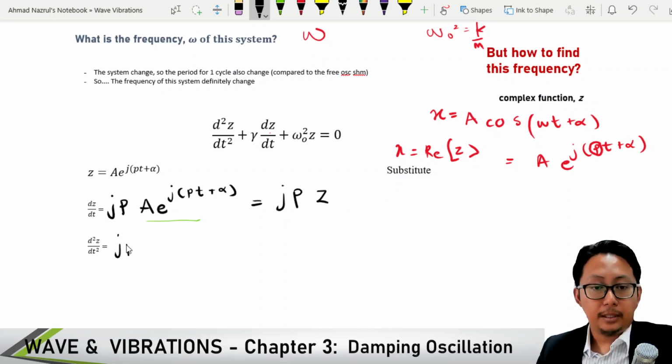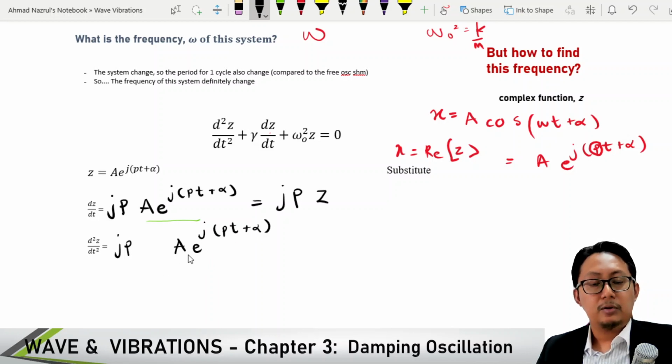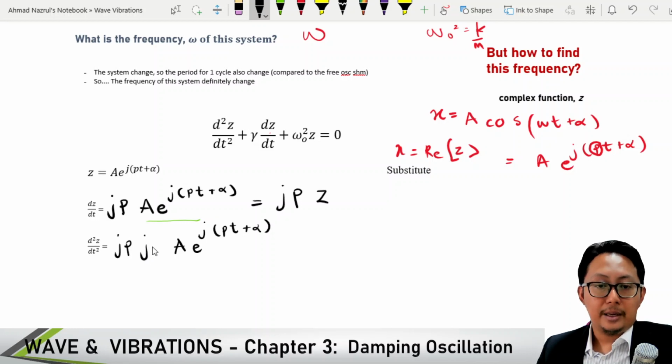Next, we differentiate again. We have jp times A exponential j(pt plus alpha). A is a constant, jp is still a constant, and differentiating inside gives j and p again.